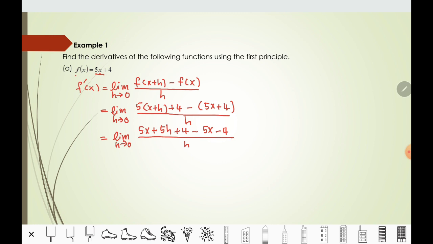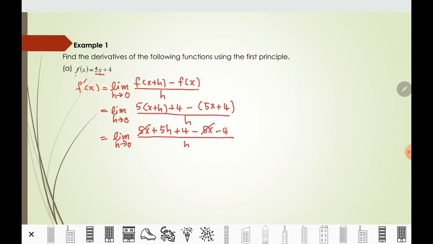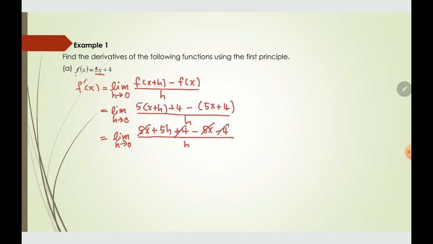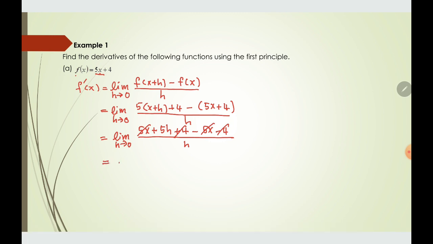We will find that 5x minus 5x equals 0 and 4 minus 4 equals 0. So we just have 5h over h, where h approaches 0. Because h over h equals 1, we will get only 5. So this is the answer.